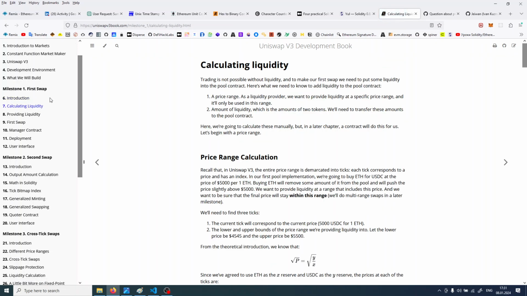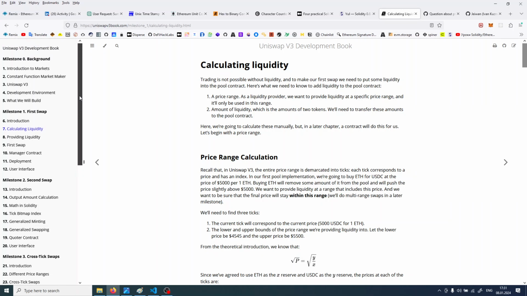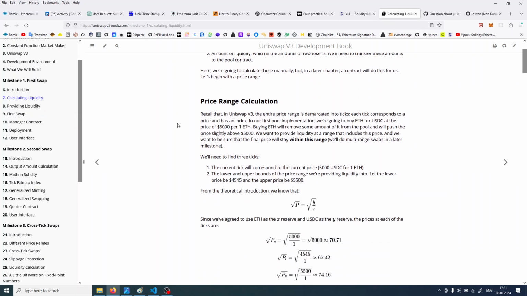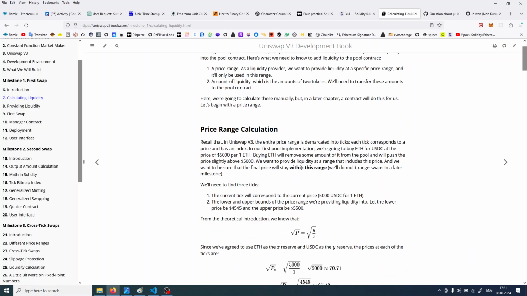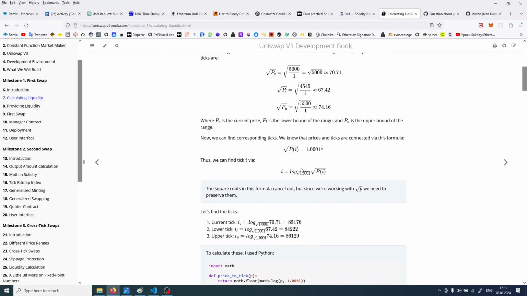In the book we have some other formulas, other equations. We can see that we define price in this way, and we use ticks.